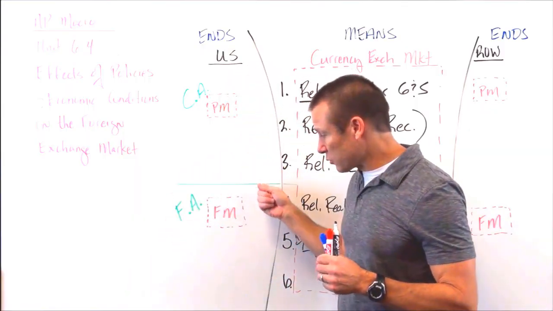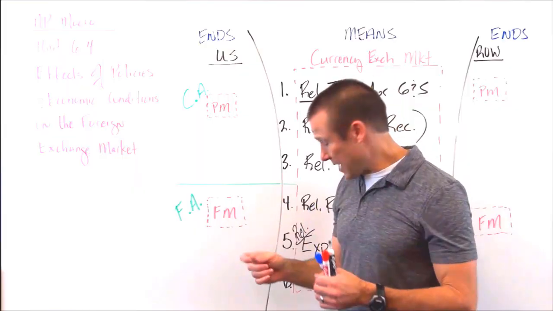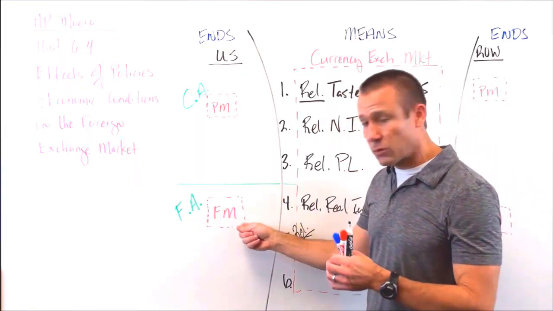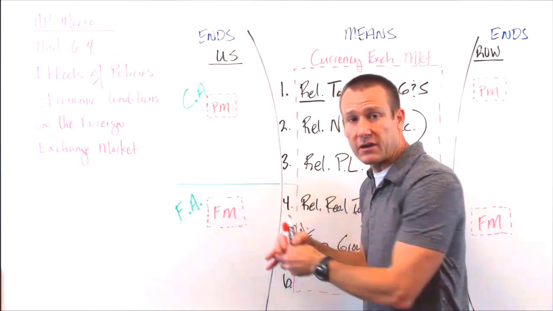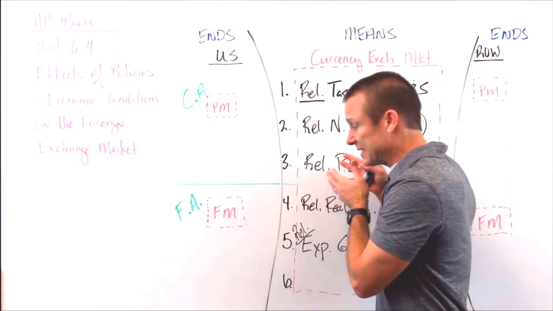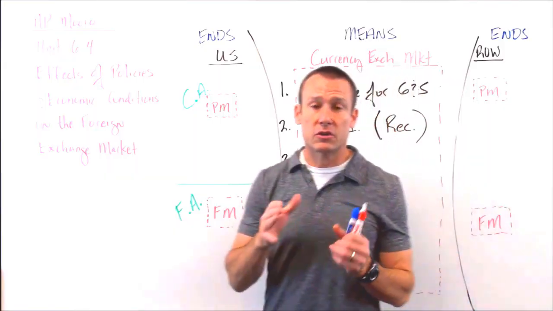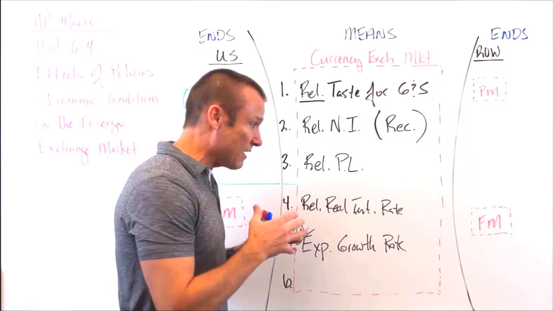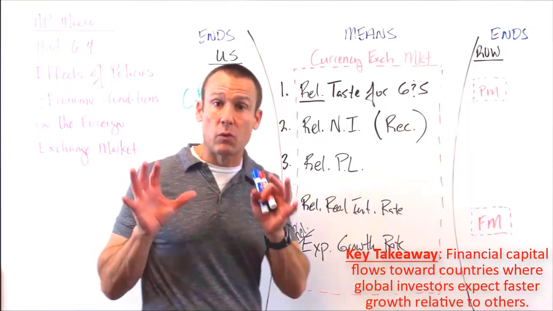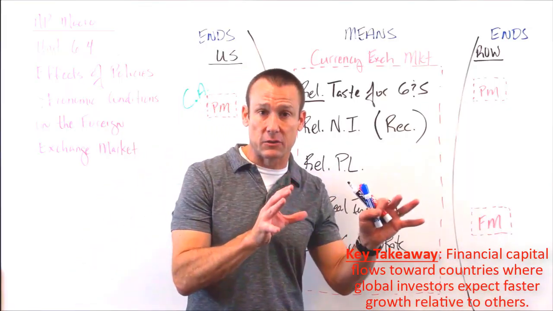So U.S. savers want to put their money here because, hey, if we're going to grow faster, we expect the expected real rate of return of our investments to grow faster here. And the rest of the world is going to want to get their savings here, okay? So, again, this is expected growth rate, and that's going to drive money to financial markets based on wherever the expected growth rate is the highest, okay?